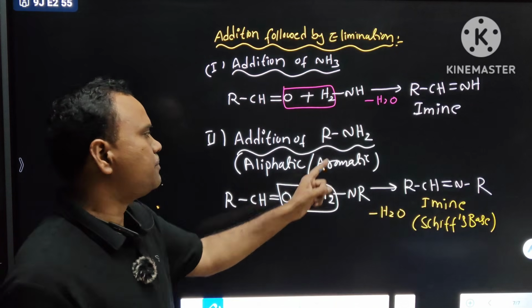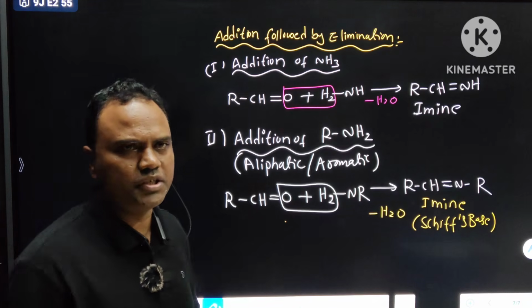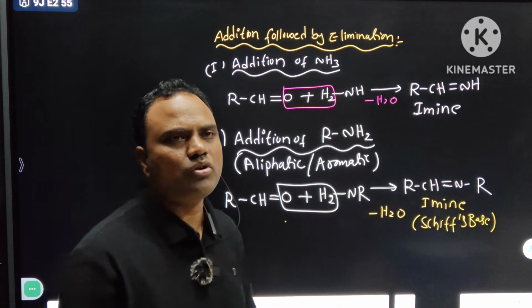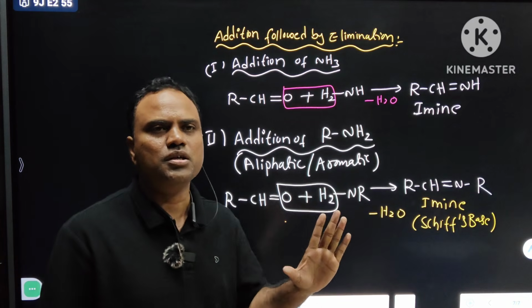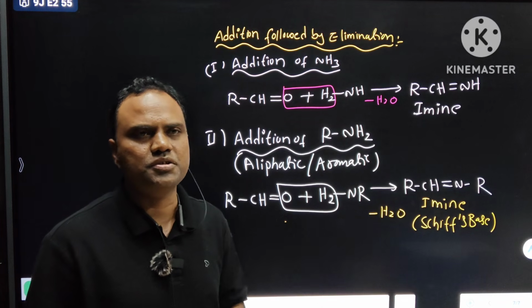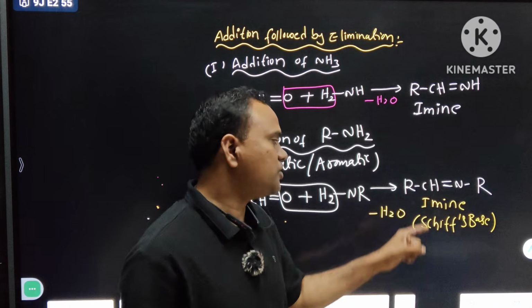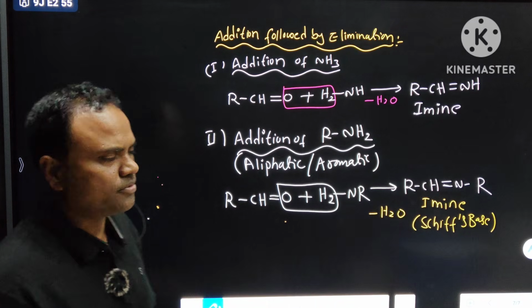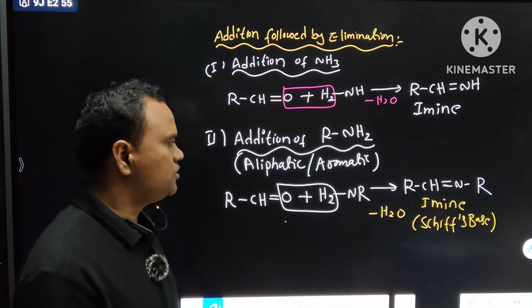And when you take primary amine, whether it is aliphatic or aromatic, in which of the following cases is the imine formed called Schiff's base? Very simple. Just see primary amine is given or not. If primary amine is given, then the formed imine is called as Schiff's base. Got it? All of you. Right.